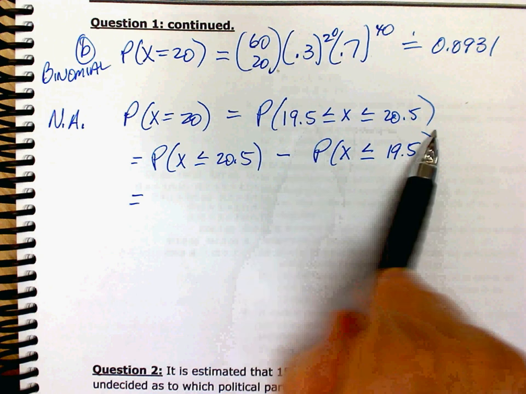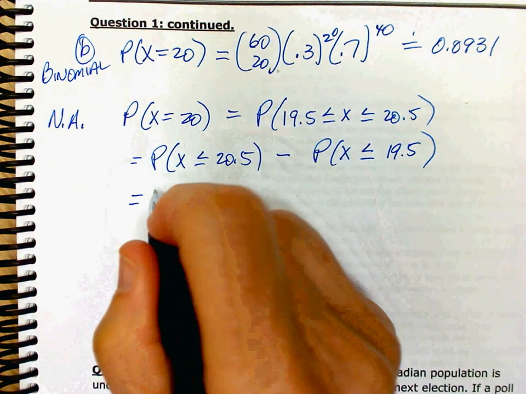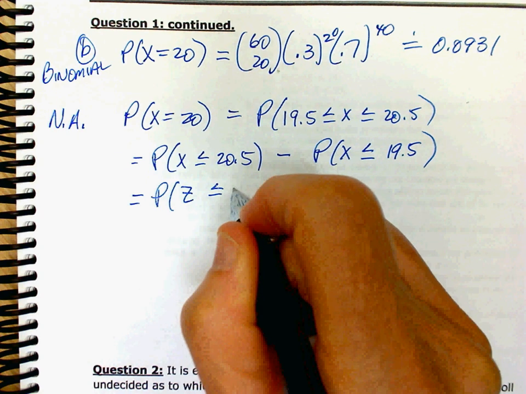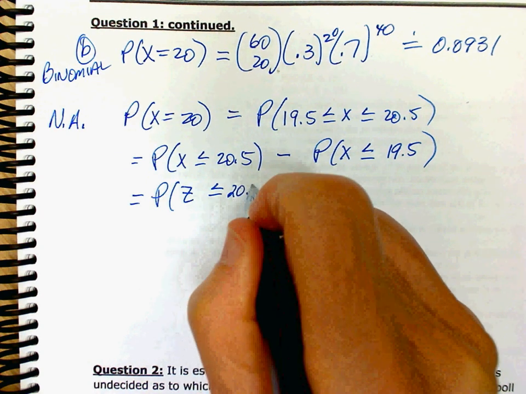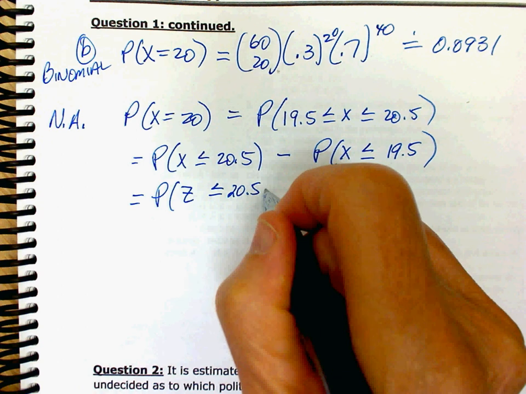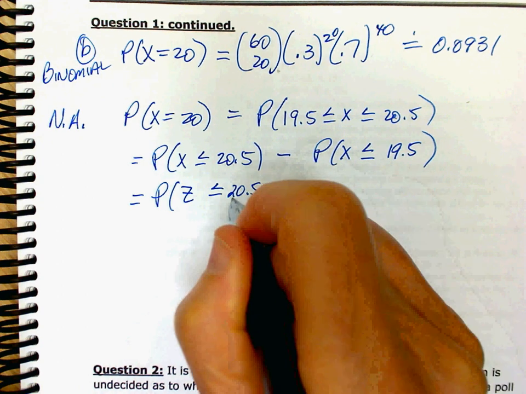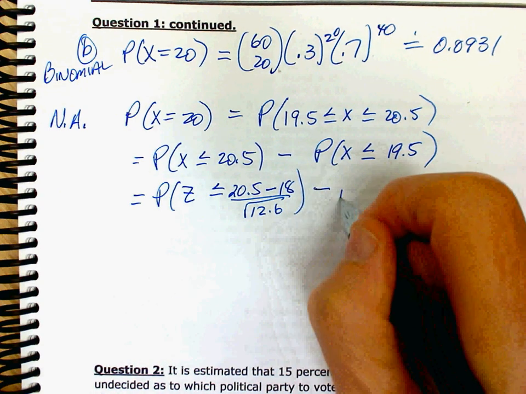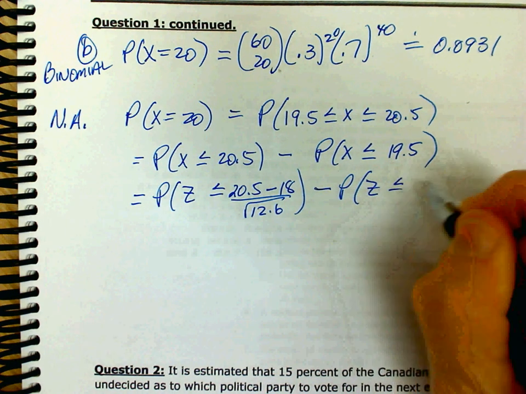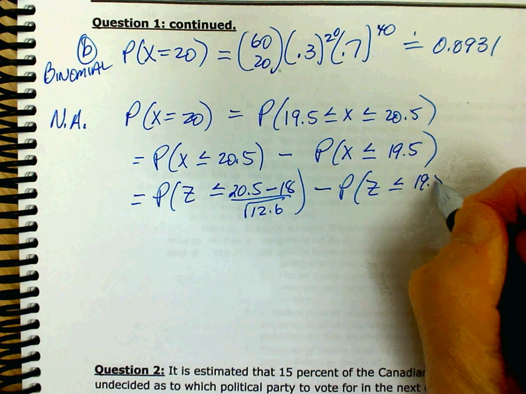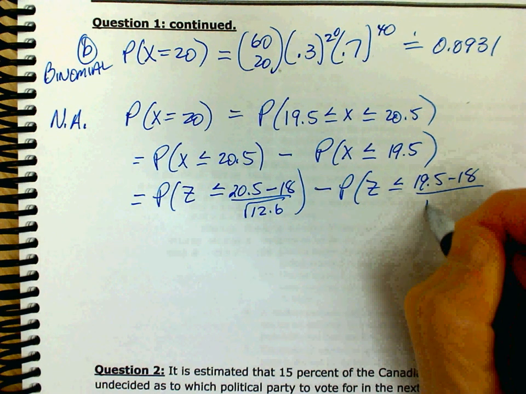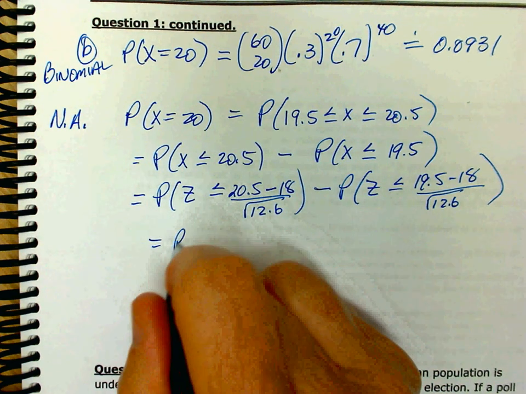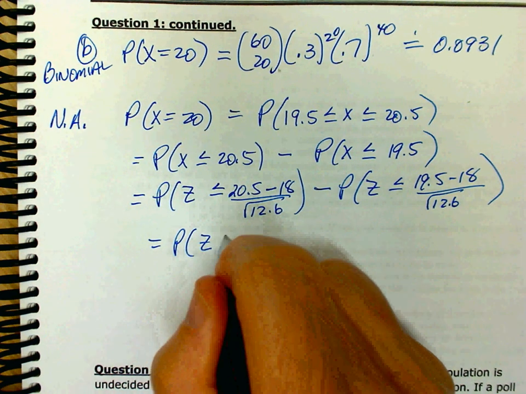Okay, so now we're going to go probability z is less than or equal to 20.5 minus 18 all over the square root of 12.6 minus the probability z less than or equal to 19.5 minus 18 all over the square root of 12.6. I can't believe that that's 0.7.